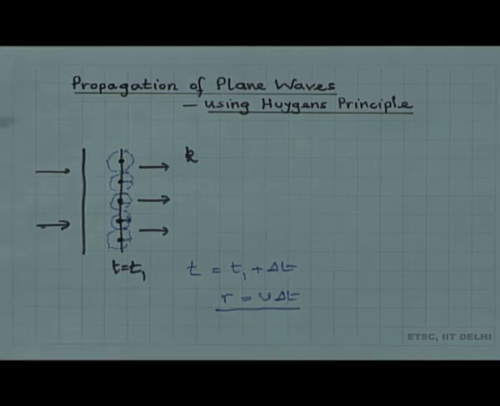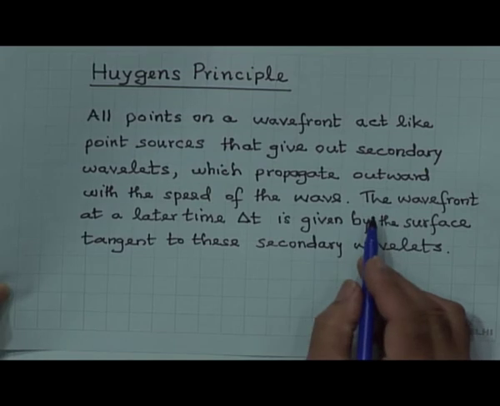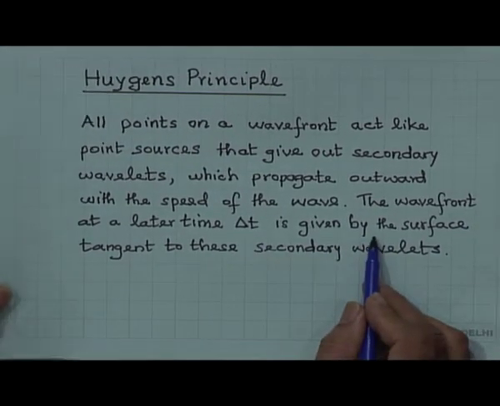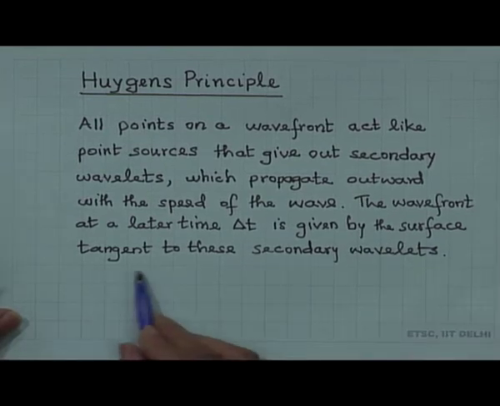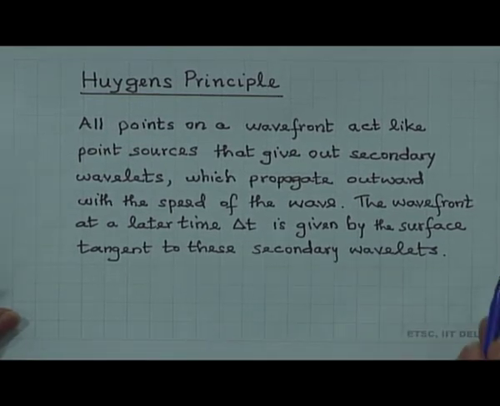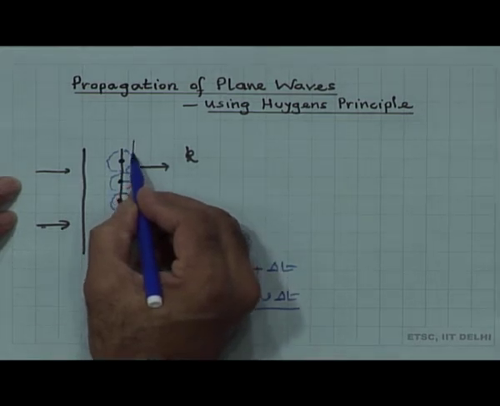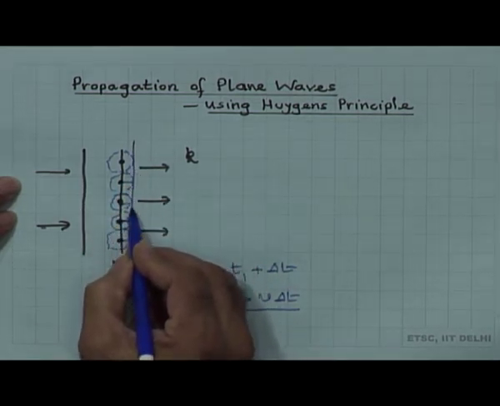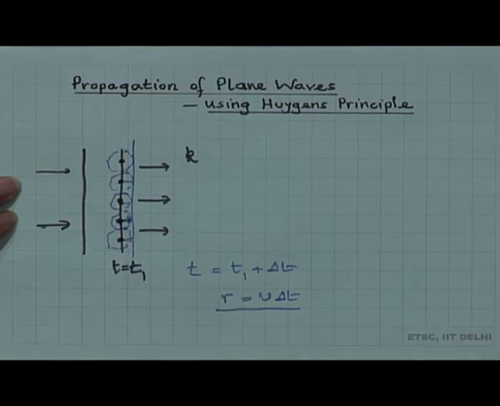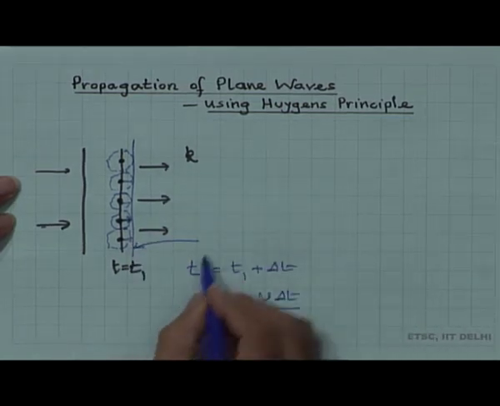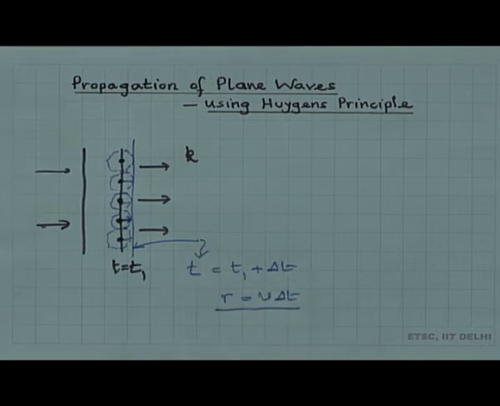And the statement says the wavefront at a later time delta t is given by the surface tangent to these secondary wavelets, which means if I draw a surface like this, tangent to the secondary wavelets, then this would represent the wavefront at the time t equal to t1 plus delta t.